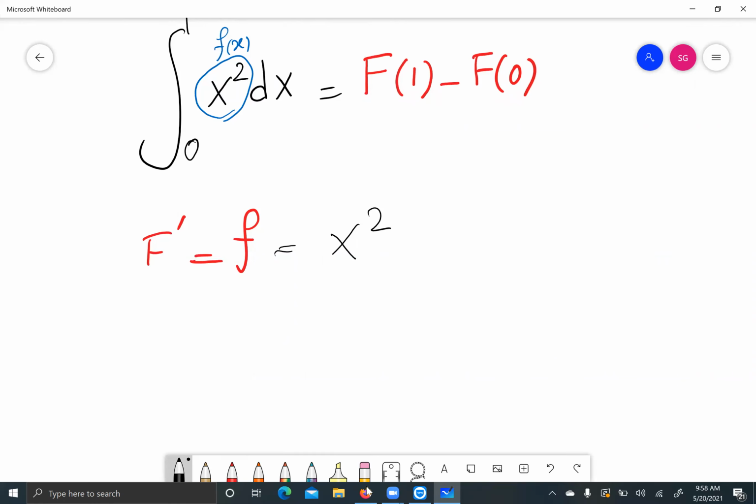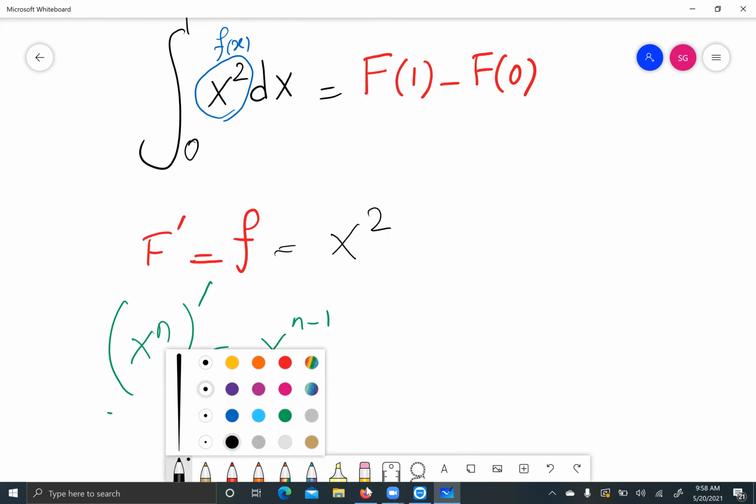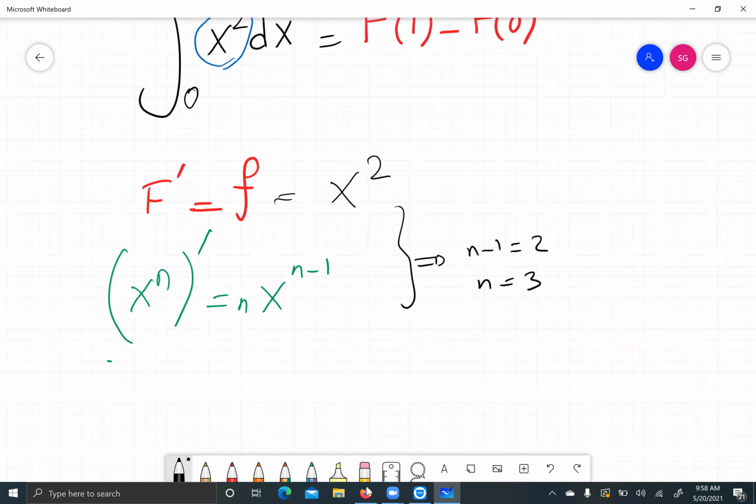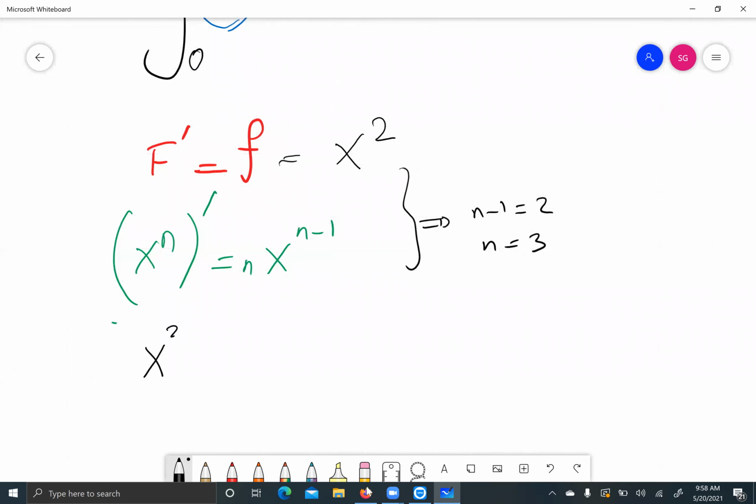Because this is a power function, we know that the derivative of x to the n is going to be n times x to the n minus 1. So if the derivative part is 2, that means n minus 1 is 2, so n is 3. So here it was x cubed, but the derivative of x cubed gives me 3x squared, and I don't have 3 here.